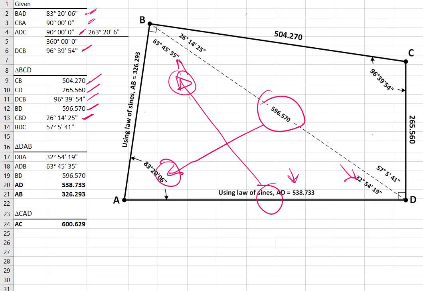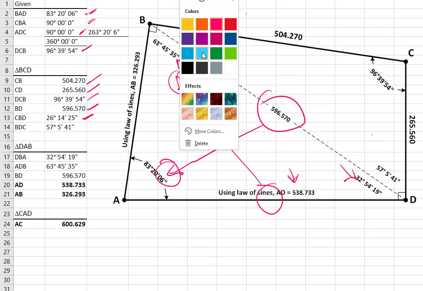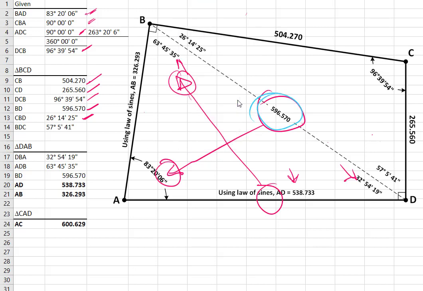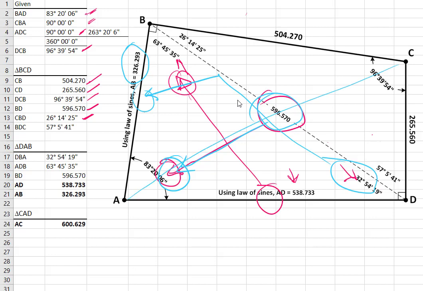Again, we use this same side and its opposite angle, and then with this angle, calculate the opposite side to it, which is AB, and the result would be 326.293. Finally, we still have to make a sketch for AC, this line, and then find its length.